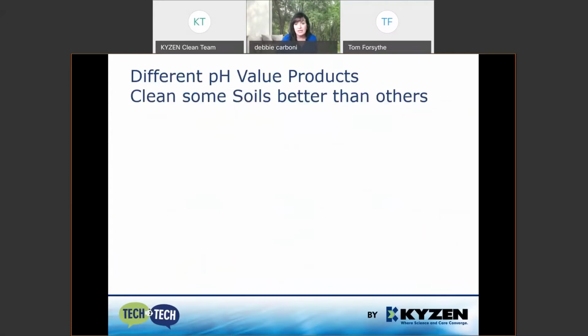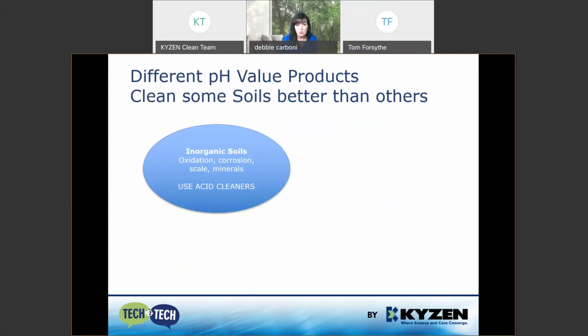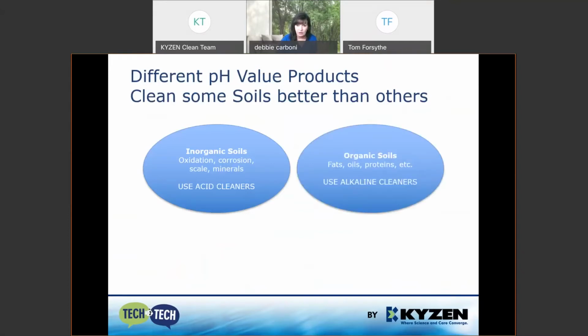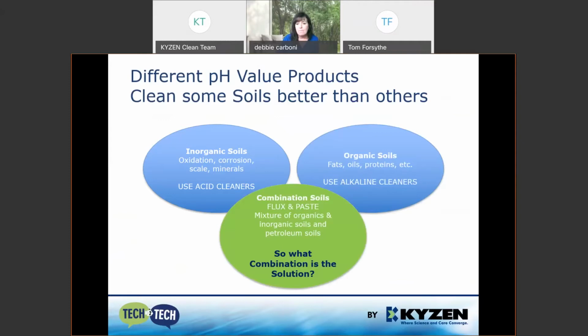The answer to that depends on the soil that you're cleaning. If you have an inorganic soil, like a metal oxide, you would choose a low pH acidic cleaner. However, if you have an organic soil, you would choose a higher alkaline pH cleaner. In our electronics world, most often we're talking about flux in the form of solder paste.